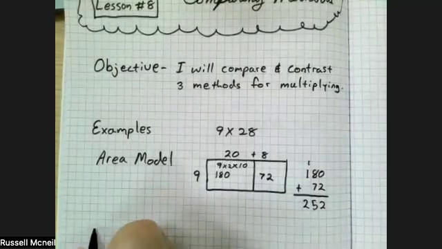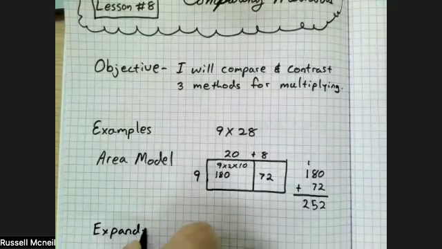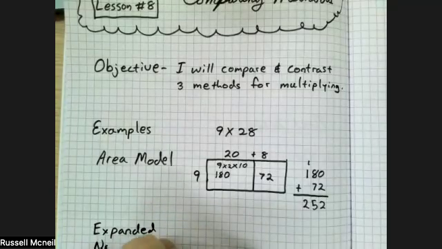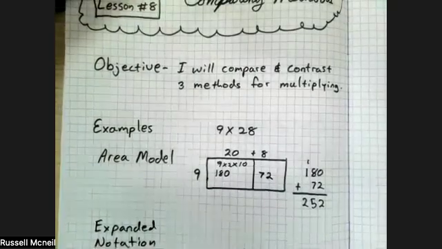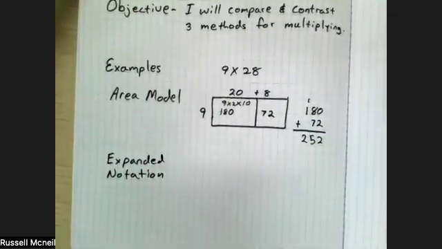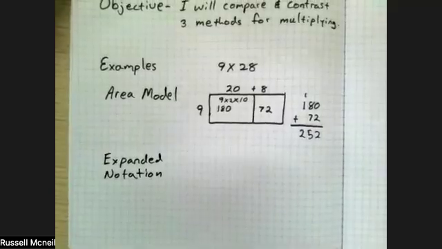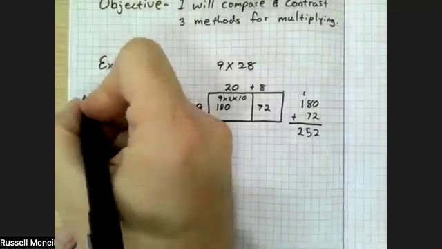Next up, this one is called expanded notation. If you need to pause to get caught up, feel free. Otherwise, I'm moving down the page. Expanded notation. And before I move on, I think I need to number these.